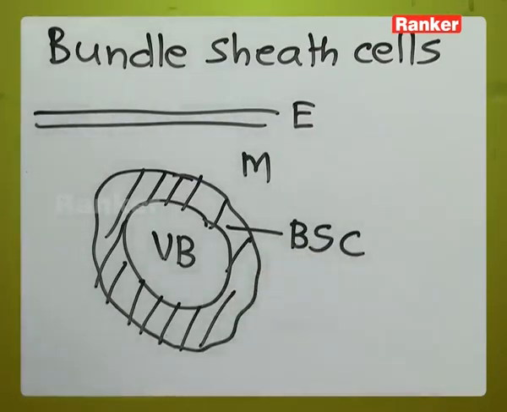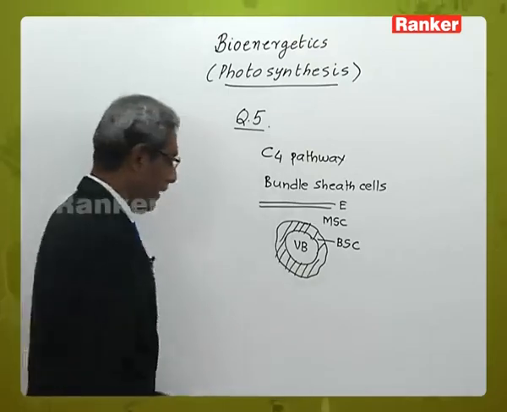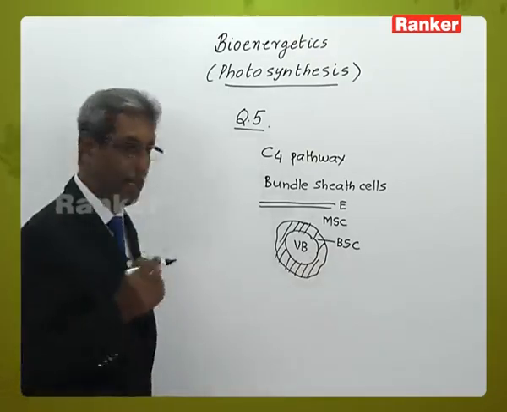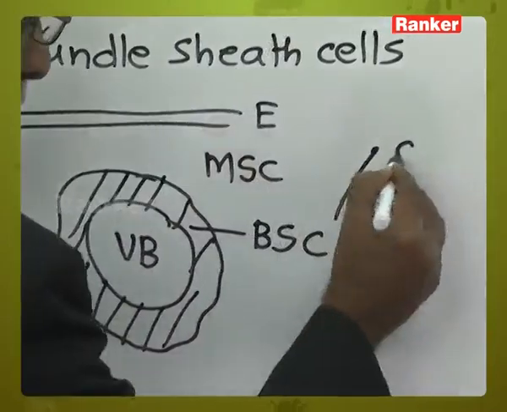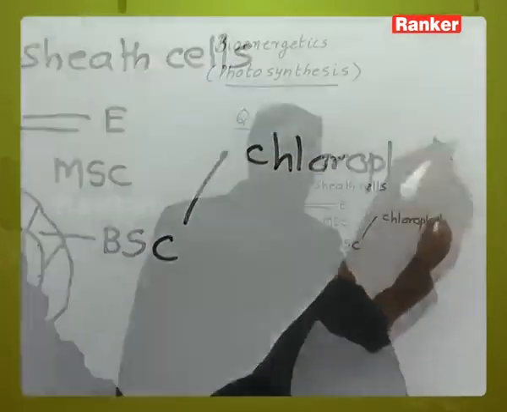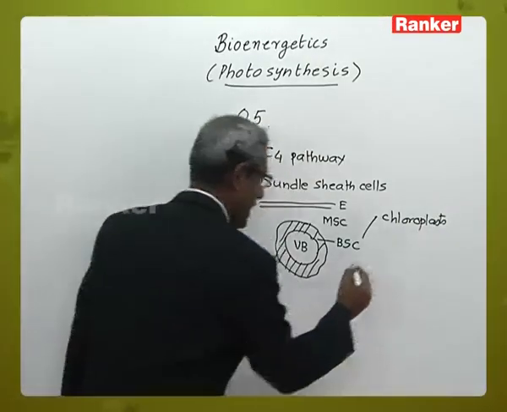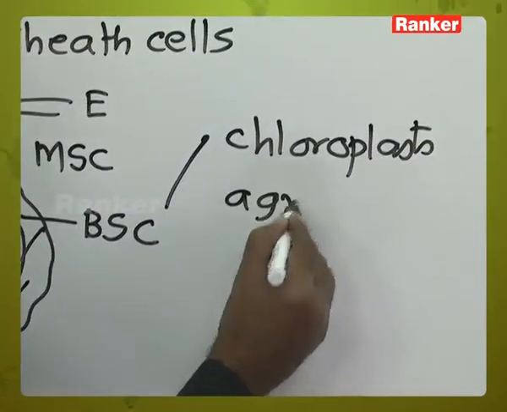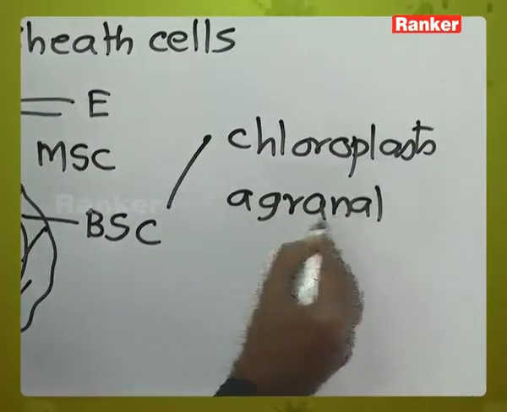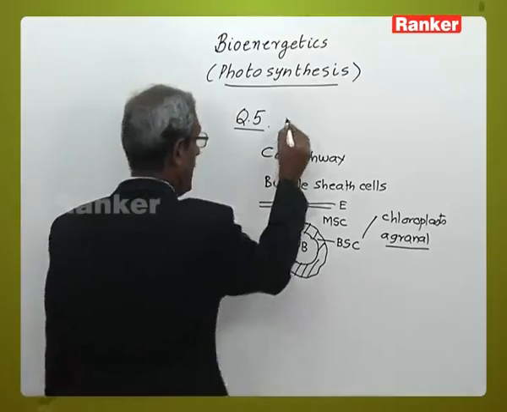So, we have a bundle sheath cell and again we have mesophyll cells. Now, in the bundle sheath cells, when you look at the chloroplasts of a C4 plant, the chloroplasts are agranal. The meaning of the term agranal is that grana are absent.